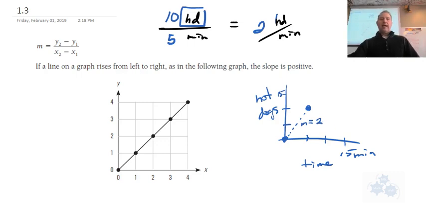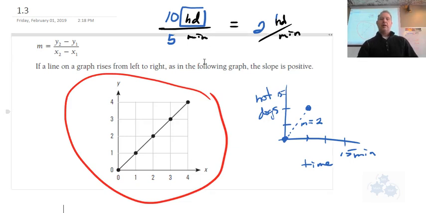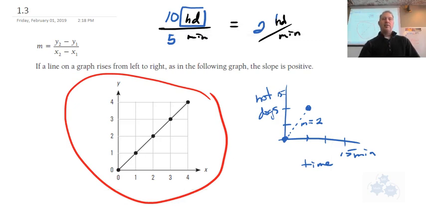Before we get into the formula, let's take a look at this graph right here. Now, you guys don't have this on your paper right now because you just handed in your assignment, but if we look up here, do you see how there's a number of points in a row, in a line? So this represents some kind of linear relation. It's a straight line. Now, how do we find the rate of change?